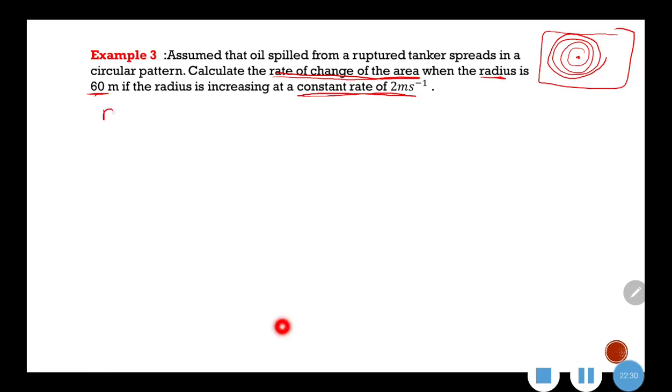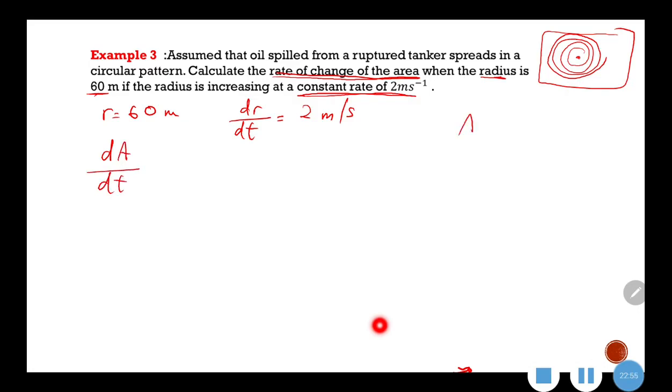We know that r is 60 meters and dr over dt is 2 meters per second. What we want to find is the rate of change, dA over dt.